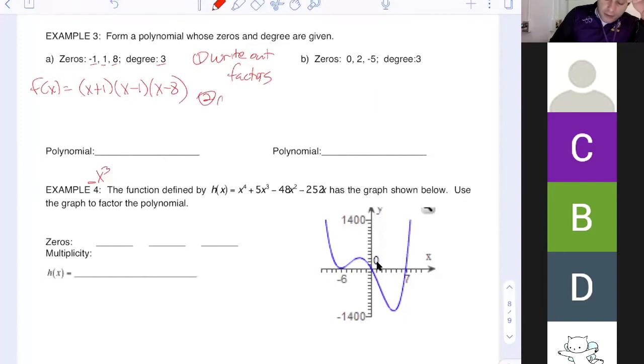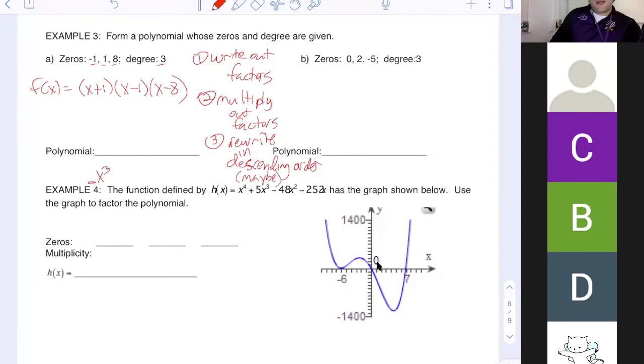I have to multiply out the factors, and then I have to rewrite it in descending order. I learned some tricks in the day where you could write it out without doing it right the first time, so you don't have to rearrange things.